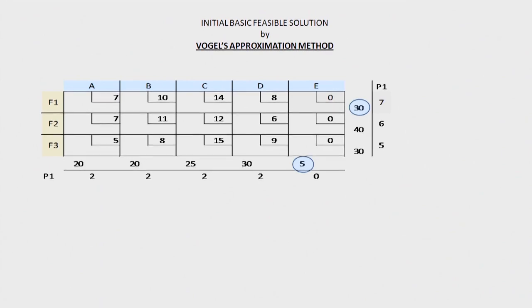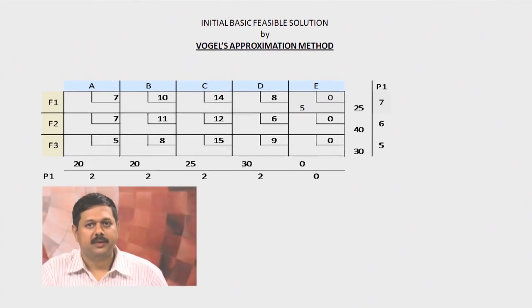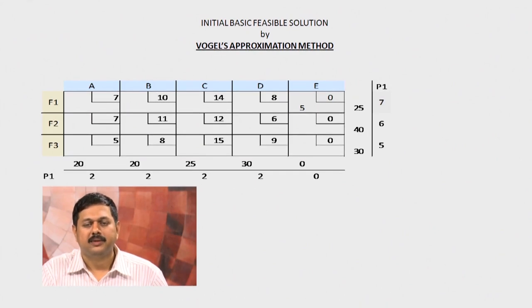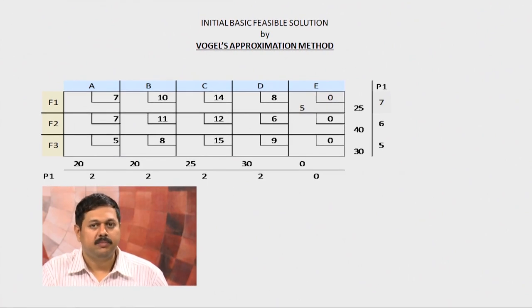Now allocate 5 in the chosen cell. That is, factory F1 sends 5 items to fulfill the requirement of 5 in the dummy store E, and the factory F1 is left with 25 items and no more requirements in the dummy store E.